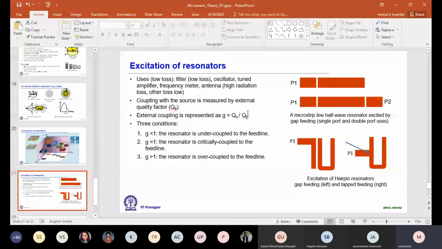When G is less than 1, it is undercoupled to feed line. G equal to 1, critically coupled to feed line. And G more than 1, it is overcoupled to feed line. And in most of the applications, we take QU much more than Q external. So we use this third condition for most of the cases, G more than 1.